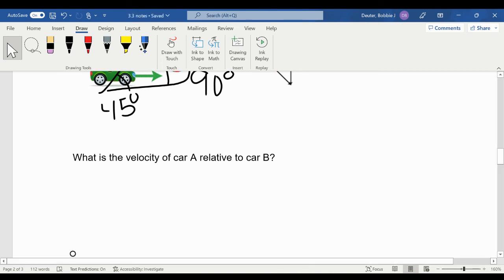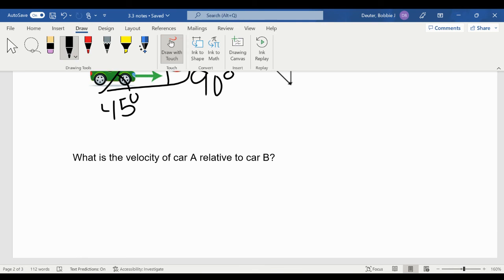And so we want to use that same velocity vector at car A. That velocity A to B, these are supposed to be subscripts, I apologize for my cursor, is now equal to our vector A minus our vector B.